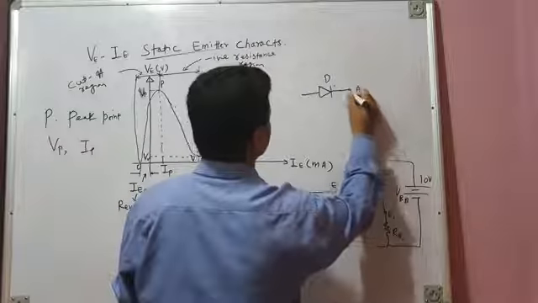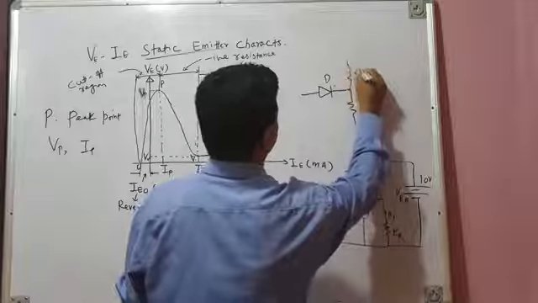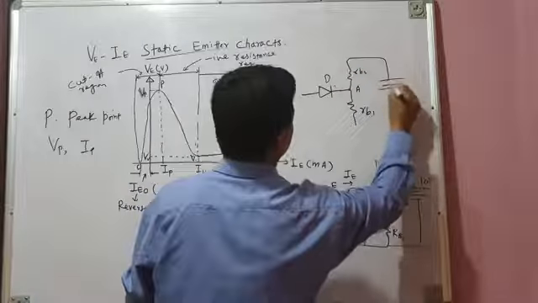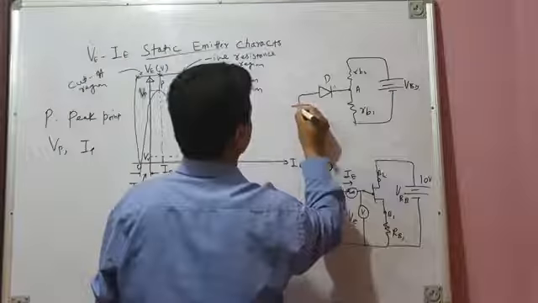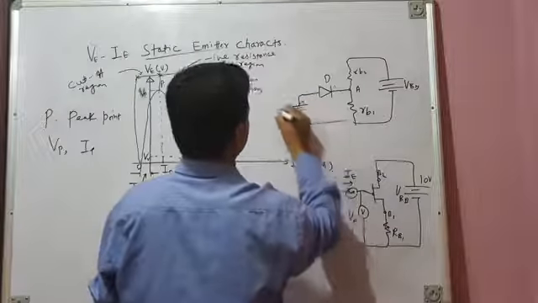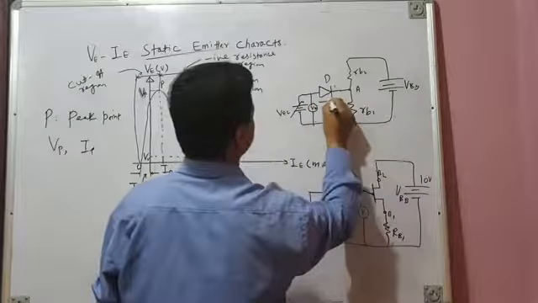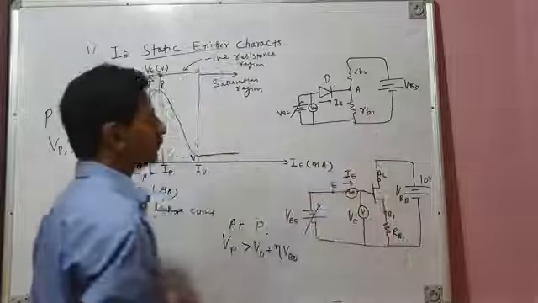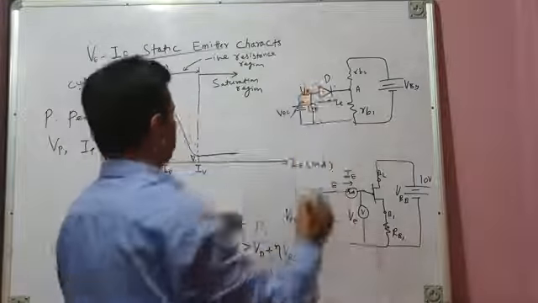This is point A. This is RB1. This is RB2. This is VBB. And this is VE, variable voltage VE. This is VE. And this is current IE.